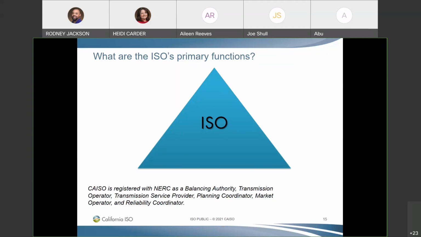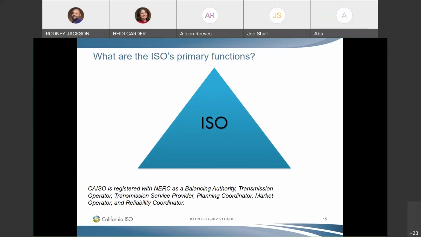Still not seeing anything, so we can go ahead and move along. But feel free to put your questions in at any time, and we will address those at a break, or if it's really important to be covered at a particular time, I might interrupt Rodney just a bit. But no questions at this time. Thanks. Okay, thank you, Heidi.